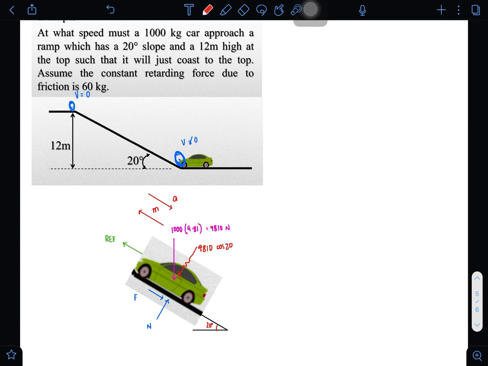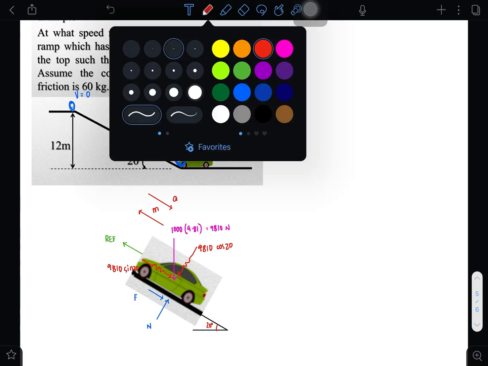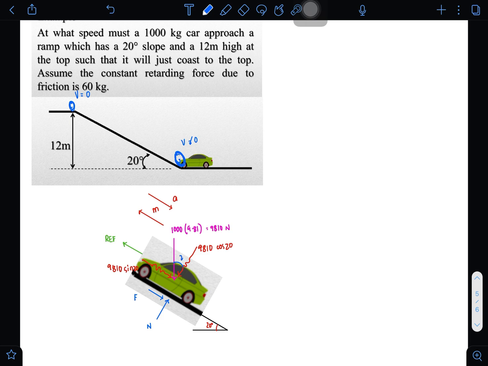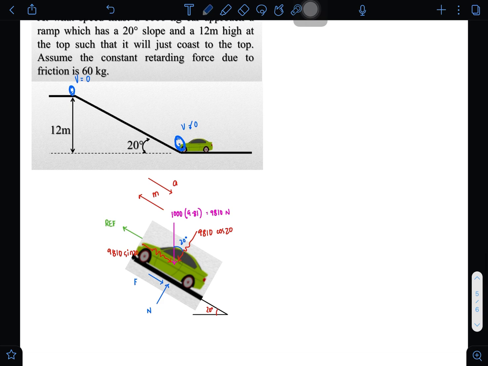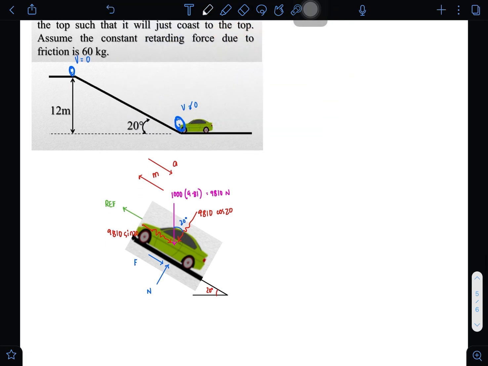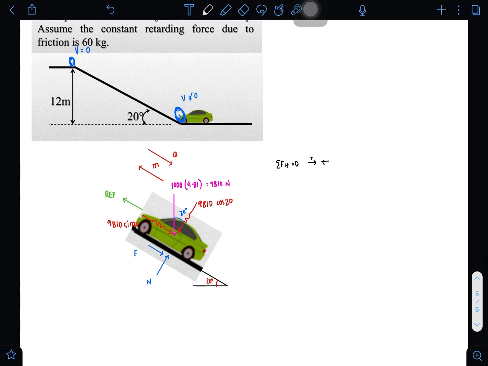And then there is here also, this is 9810 sine of 20. So this is the angle, 20 degrees. Right, so from here we can now have the arrangement. Summation of forces horizontal equal to 0, to the right positive, to the left negative.